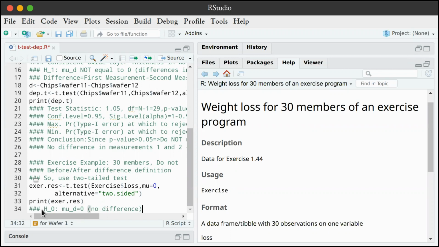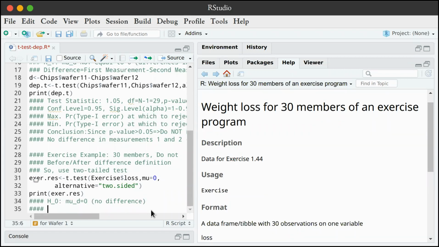Alternative, there is a difference. So our conclusion is to reject the null, in which case we simply mean that the exercise program has an effect on weight.